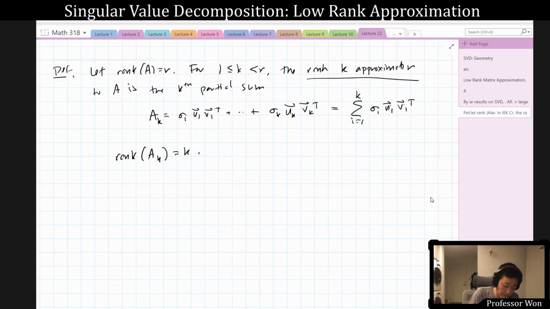Okay, and it's a theorem that this is the best approximation in the sense that it minimizes the 2 norm amongst all possible rank k matrices. And this theorem is famous. It has a name. It's called the Eckart-Young theorem. So this is due to Eckart and Young.